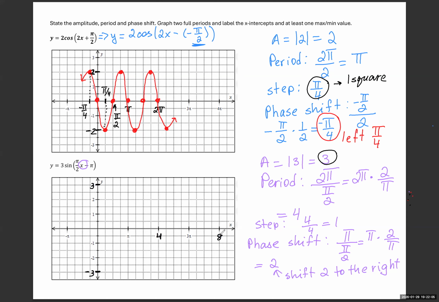I need to graph 2 periods. And then that means that this is 2 and this is 1 and this is 3, 5, 6, 7. All right, so for me, step size is 2 squares. And then the shift is 2 of your step sizes. So this would be 4 squares.